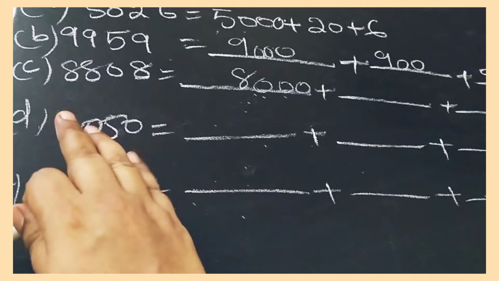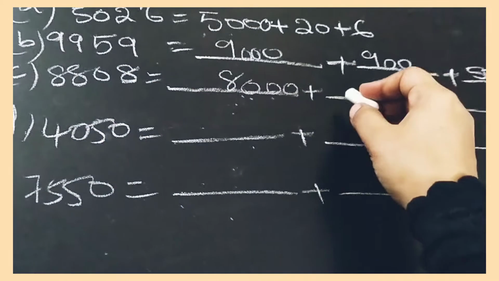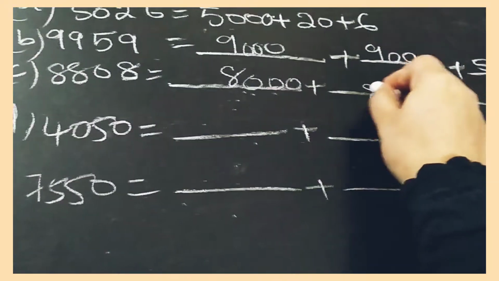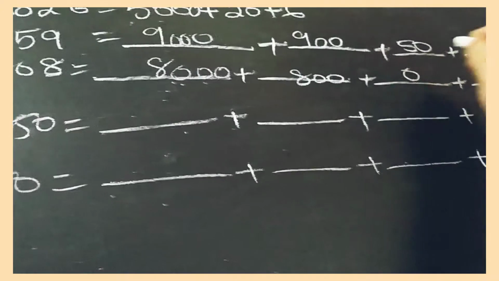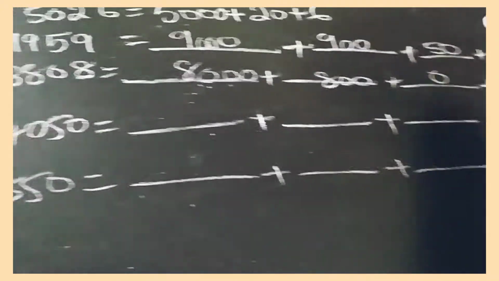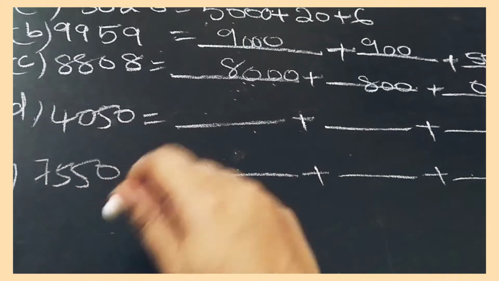First here 8,000, then 808. Okay, so 800 plus 0 plus 8. So here next is 4,050.